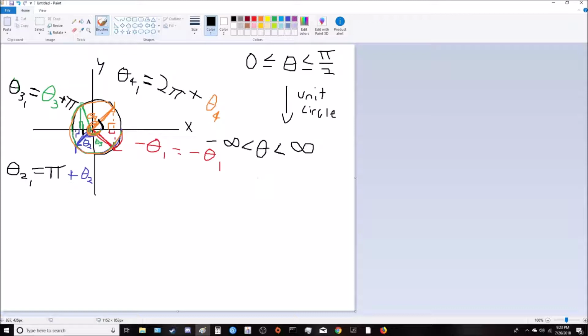Or if we wanted to express this in more mathematical terms, we might say that theta is now an element of all the real numbers. So you can take any number you could possibly conceive of, plug it into theta, and you'll get a result for your trig ratio.